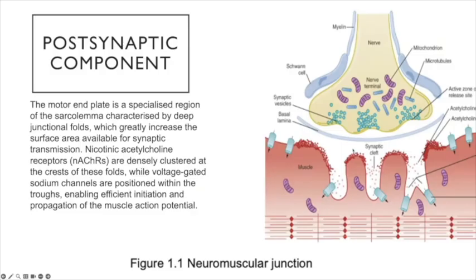The reason for that is because it's broken down by acetylcholinesterase, which is an enzyme that breaks down acetylcholine. And the reason why acetylcholine is broken down is so that it prevents excessive muscle contraction, which might have deleterious effects. So acetylcholinesterase helps to keep things in balance.